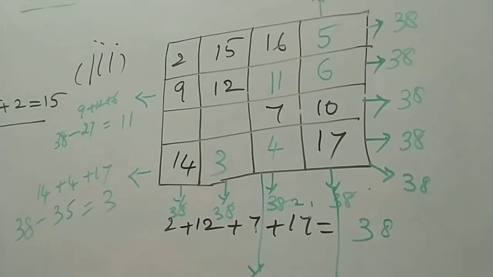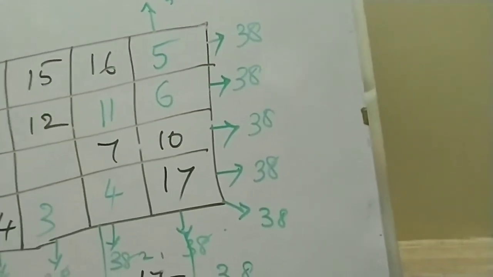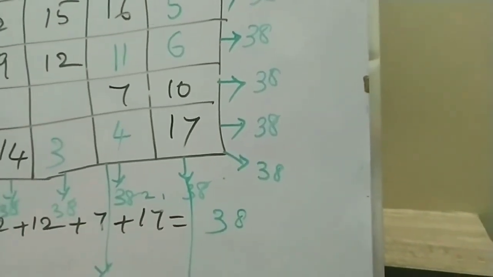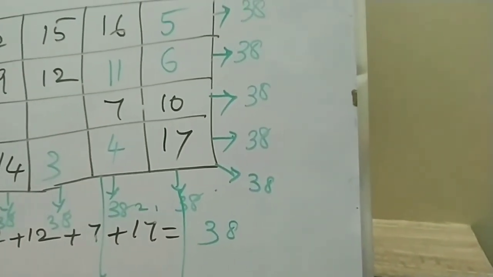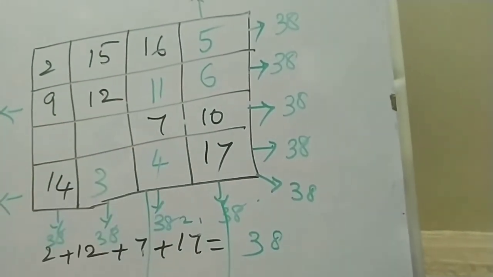Sixteen, 11, 7. Once again check this one. 16, 11, this is 27 plus 7, 34, and 4, right. Okay.